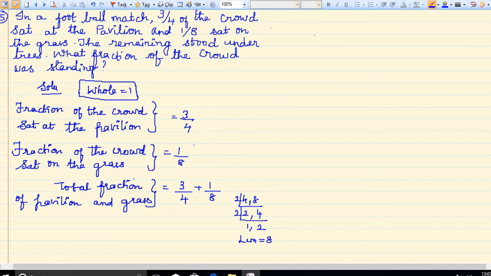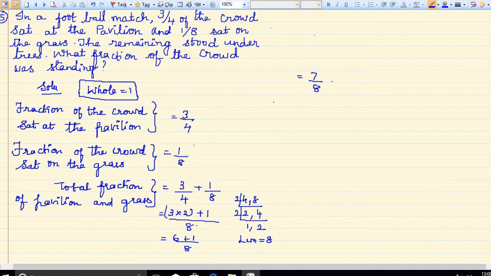Because I have to add these two fractions. So see my denominators, it is 4, 8. So I make it the same denominator. So listen, what here I have to do? 3 into 2 plus 1 divided by 8. So 3 2s are 6 plus 1/8 is equal to 7/8. So this is the total fraction of pavilion and grass.